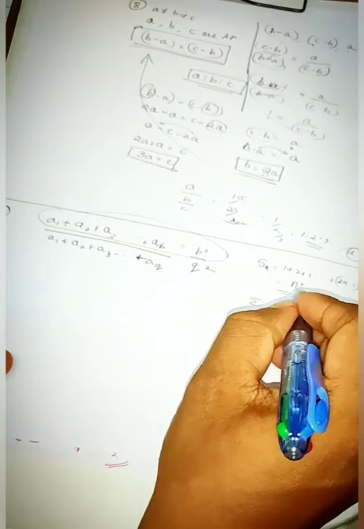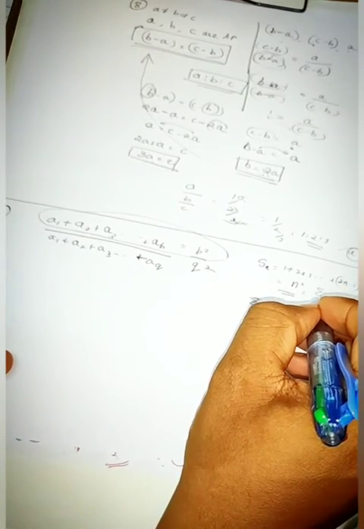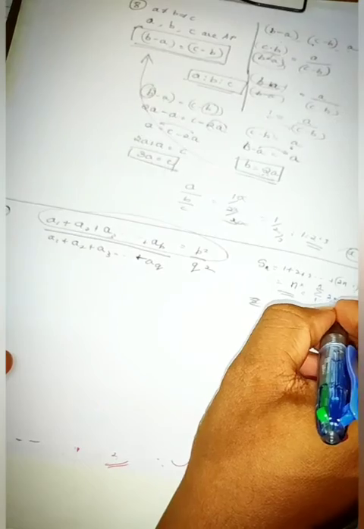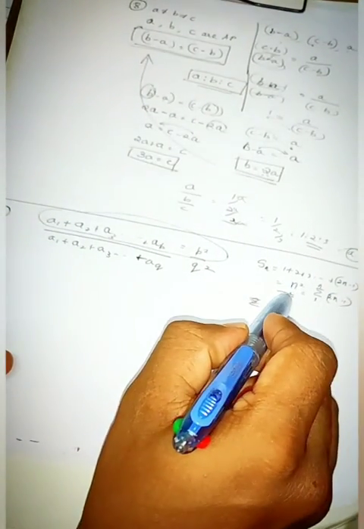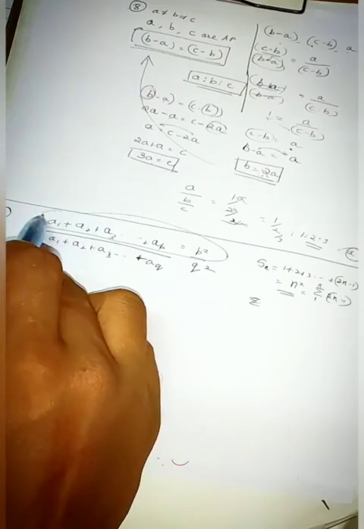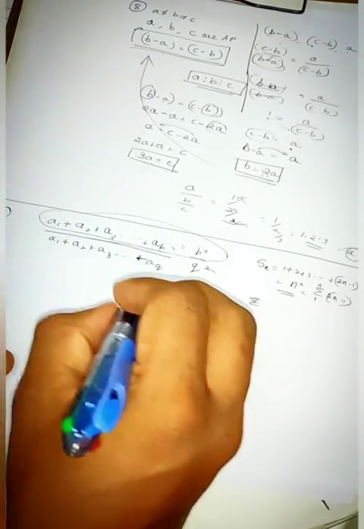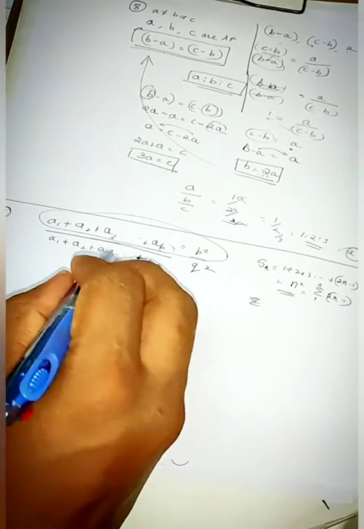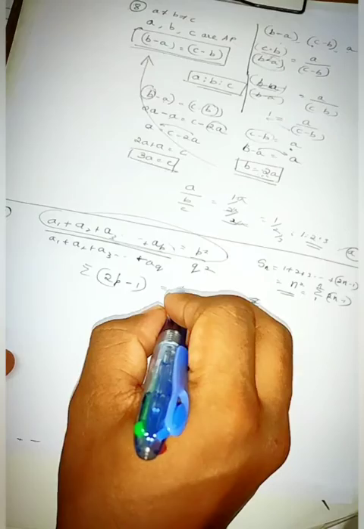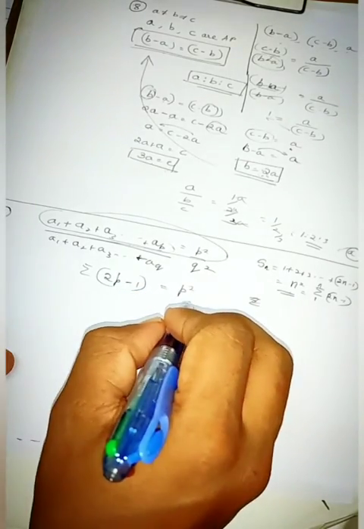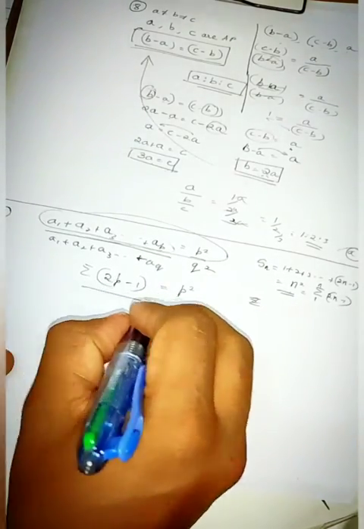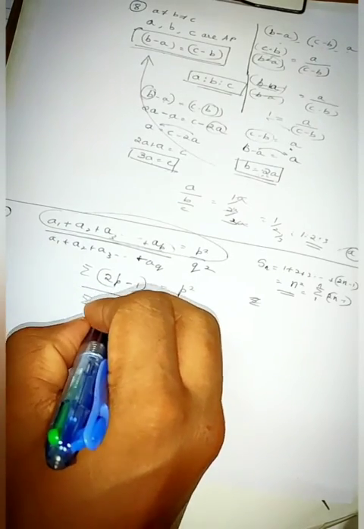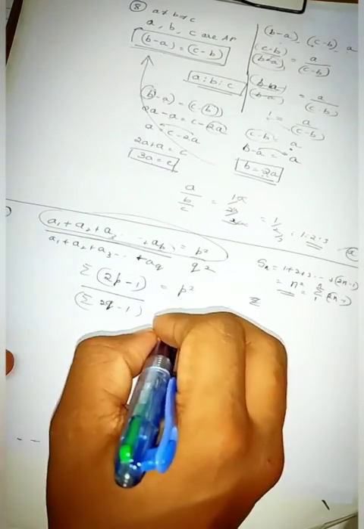So summation of 2p minus 1 is p square, and summation of 2q minus 1 is q square, that is, p square by q square.